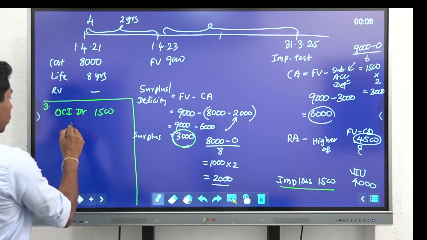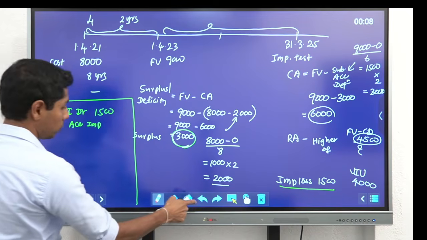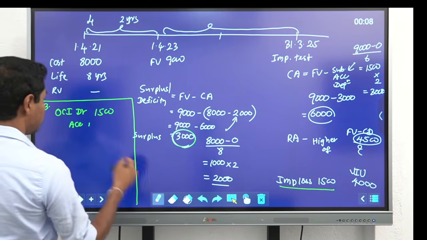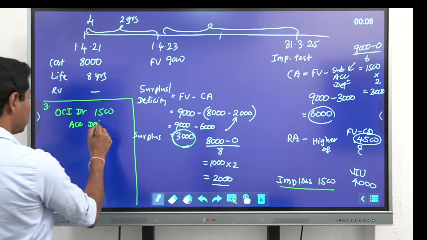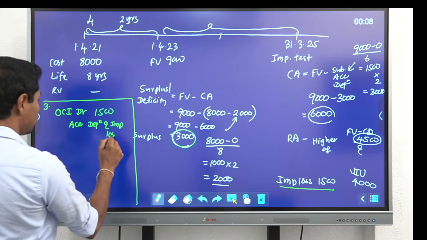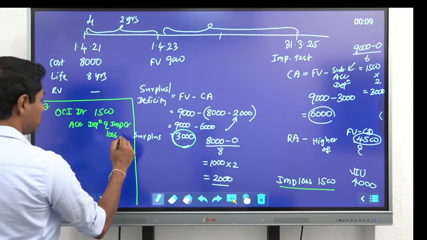OCI debit 1,500, accumulated depreciation and accumulated impairment loss account credit 1,500, right?